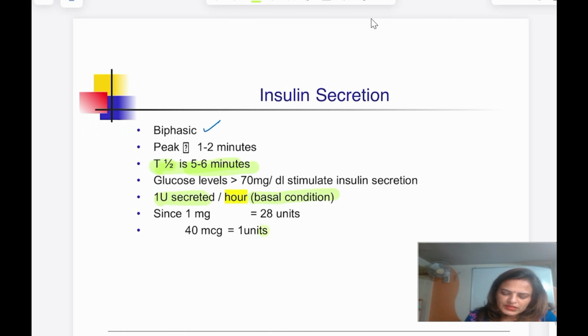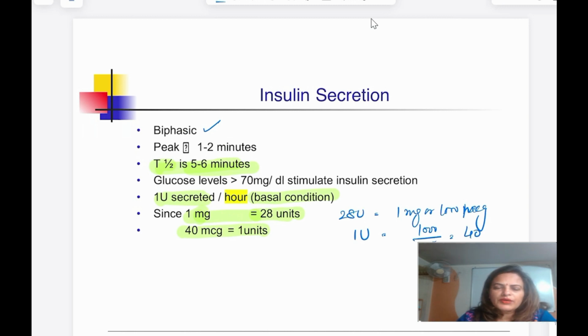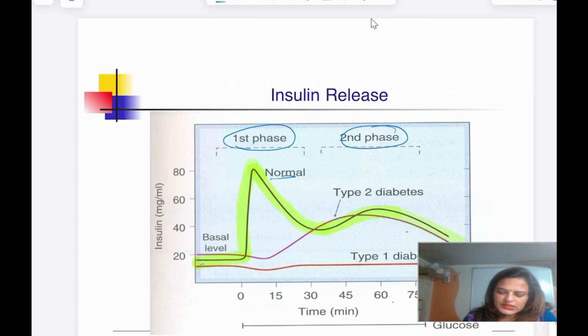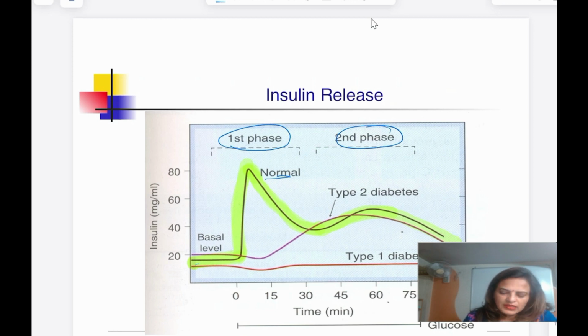So 1 unit is equal to 40 microgram, because 28 units constitute 1 milligram, or 1000 microgram. So 1 unit constitutes 1000 by 28, which comes to around 40 microgram. Okay, so it is secreted in pulses, biphasic, that is the first and second.